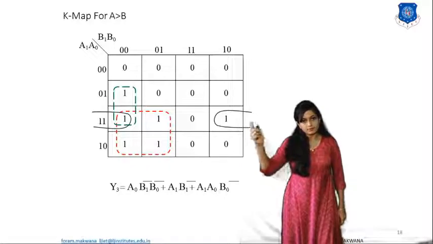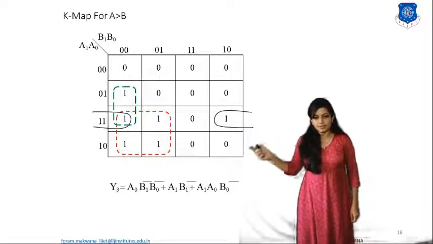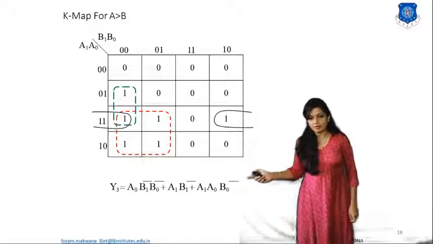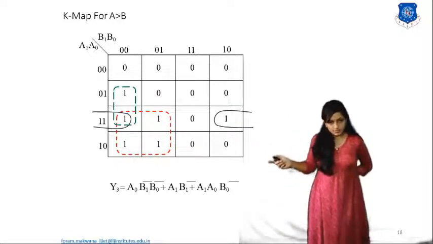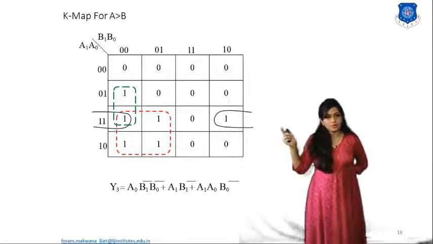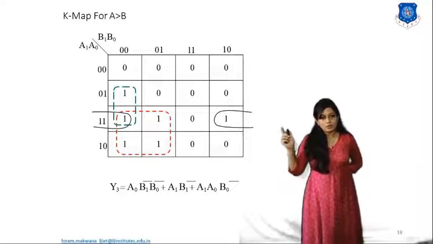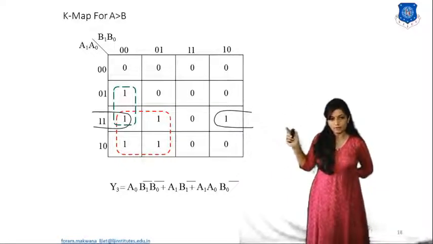What is common row-wise? A1, B1 bar. Okay, A1 B1 bar plus the black one. What is common row-wise? A1, A0, B0 bar.